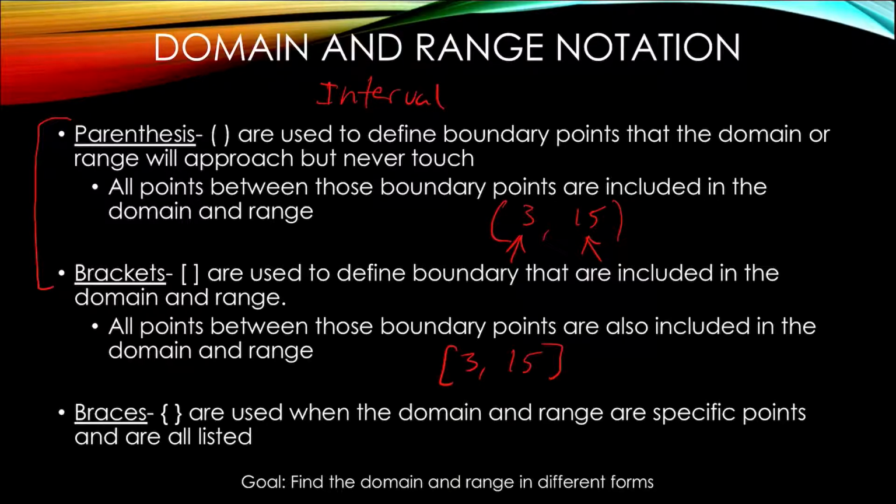It means those points are included. Where braces, and you guys are going to laugh at me a whole bunch during this video while I try to draw some braces, those are used when the domain and range are specific points and are all listed. So these are specific points, where before, up here with parentheses and brackets, those are all intervals, so they're boundary points, where braces are going to give individual points.